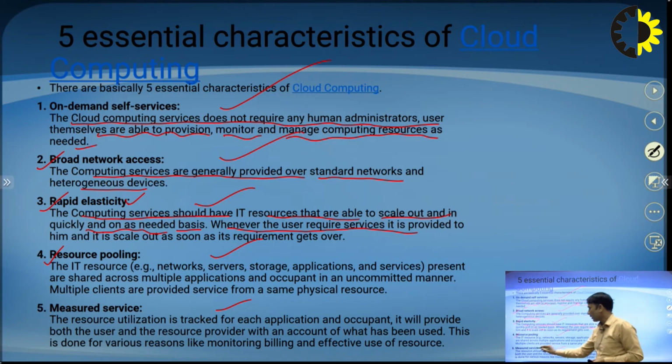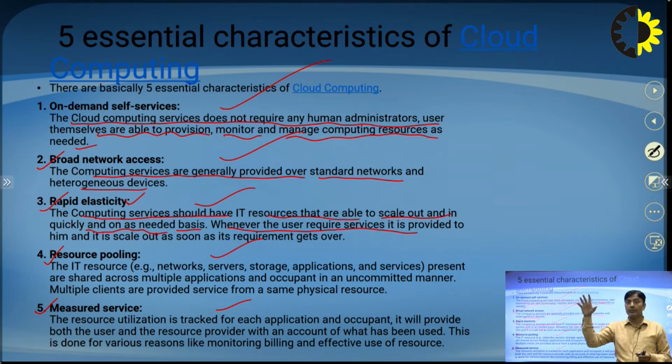Now, measured service. In measured service, the resource utilization is tracked for each application and occupant. It will provide both the user and the resource provider with an account of what has been used. This is done for various reasons like monitoring purposes, billing purposes, and effective use of resources.